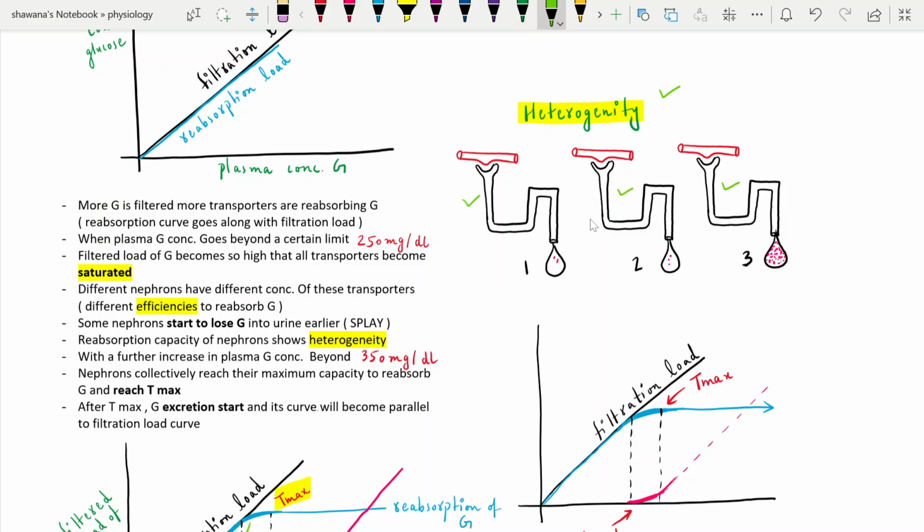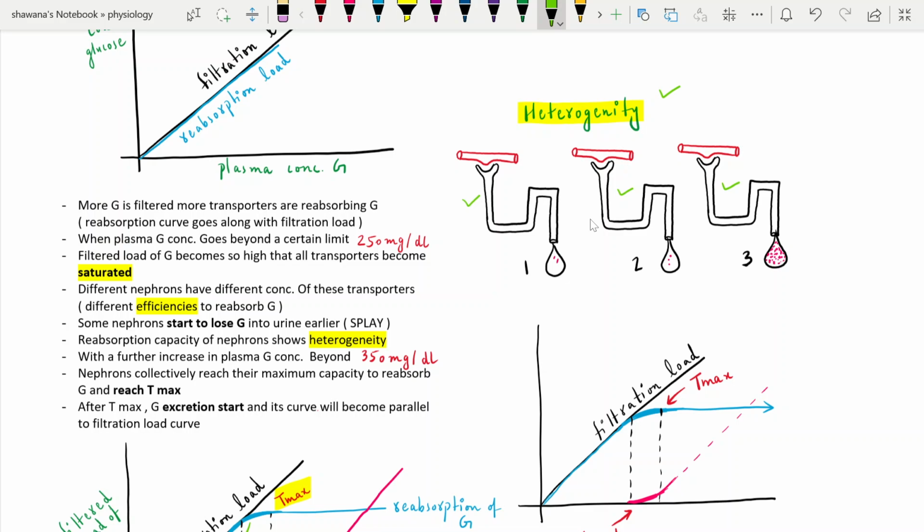Some nephrons have a smaller number of transporters and other nephrons have a slightly higher number of transporters. It means that the nephrons show heterogeneity in the number of transporters as far as glucose reabsorption is concerned. They have different efficiencies to reabsorb glucose.